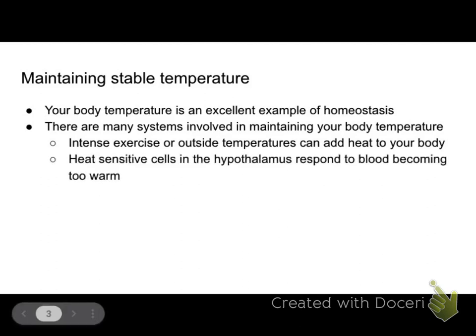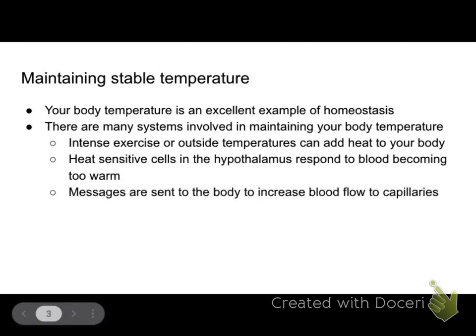There are cells in a portion of your brain called the hypothalamus that monitor the temperature of your blood. And when they sense that your blood is too warm, they trigger a chain of reactions to reduce your body temperature. What that chain of reactions looks like is they send a message to your circulatory system, that's the system that pumps blood through your body, to send as much blood flow as they can to your capillaries.